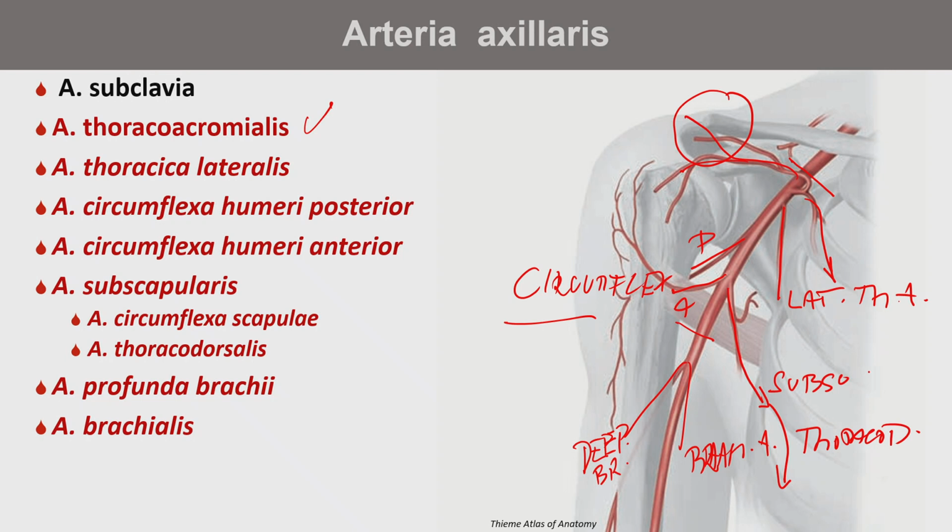Why is it important? Because one of the most frequent injuries of the proximal upper limb is a fracture of the neck of the humerus, typically in the surgical neck.